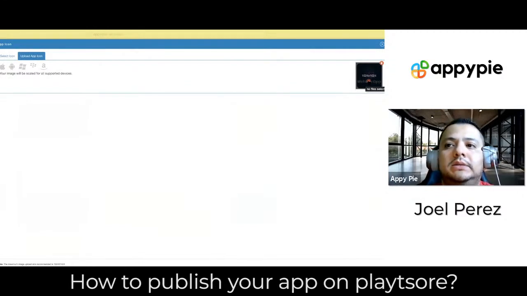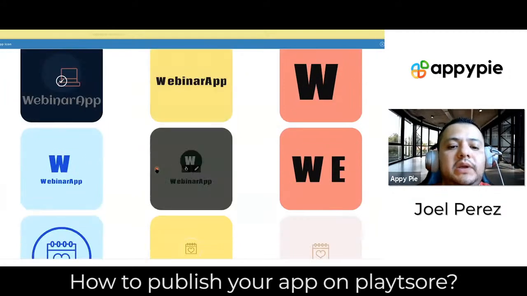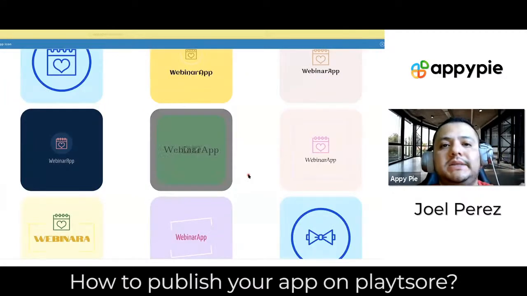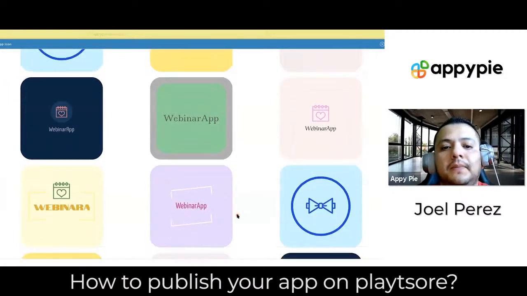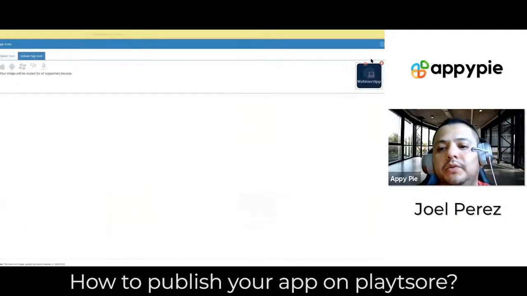That's the size you need to upload the app icon in. Now, if you're going to be using one of our icons, then you don't need to worry about the size because they're all predefined already. Only if you're uploading your own custom icon do you need to make sure that it's 1024 by 1024.